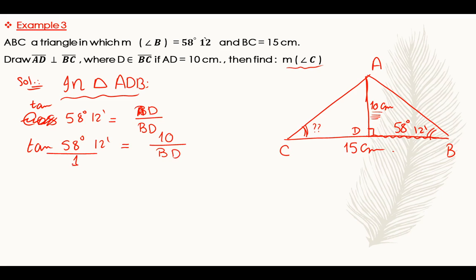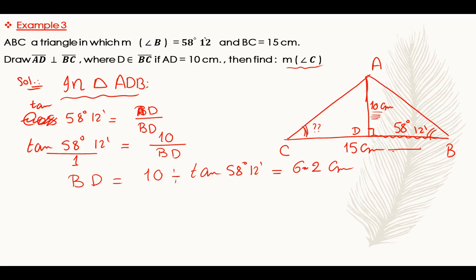So BD equals 10 divided by tan 58 degrees and 12 minutes. By using your calculator, you will find that BD is approximately equal to 6.2 centimeters.